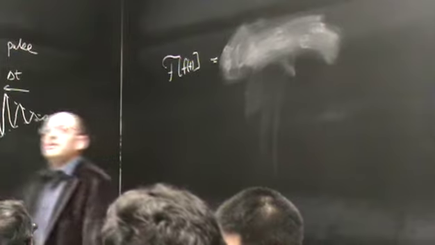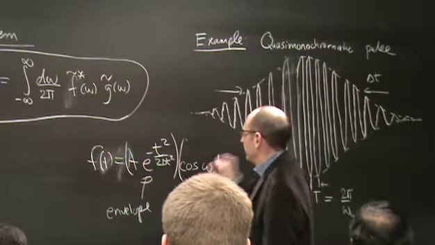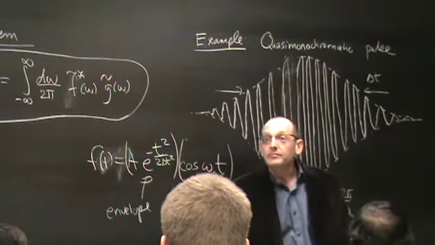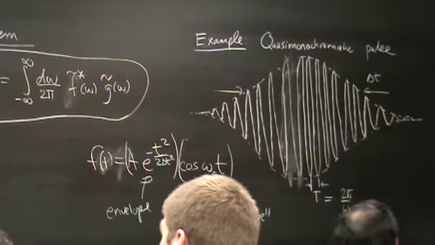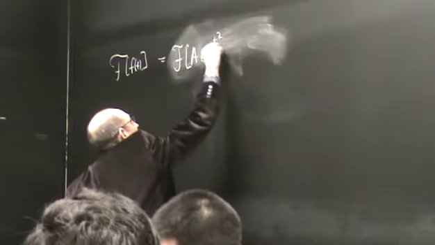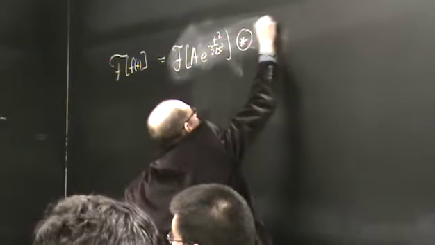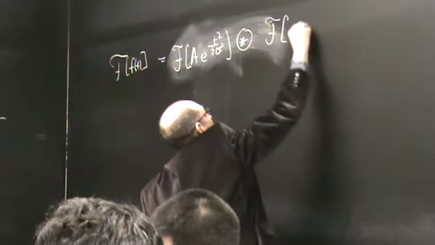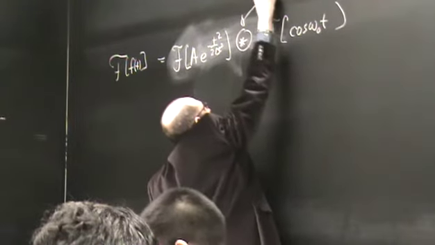There's a very simple way to do this, and let me emphasize that fact. We can think about this as the product of two functions and use the convolution theorem. So the Fourier transform of the product is the convolution, which I'll write with a star circle. This is the convolution.